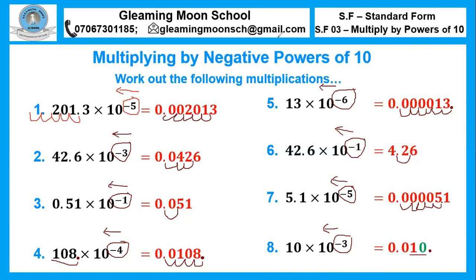So your decimal point is at the end of your whole number, and your power says -3. So you're moving to the left 3 times. So you go 1, 2, 3. Okay. Now, having gone there, your answer becomes 0.01. Your actual answer is 0.01.